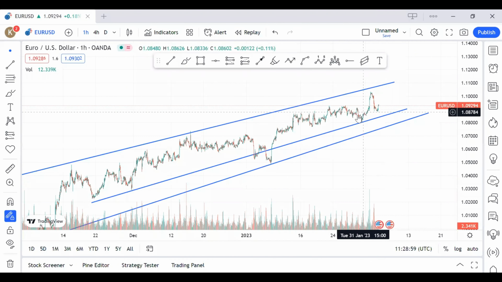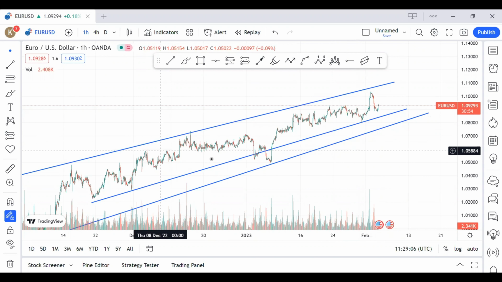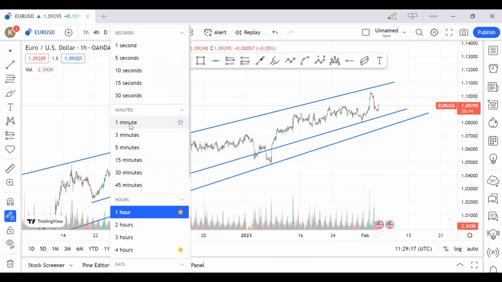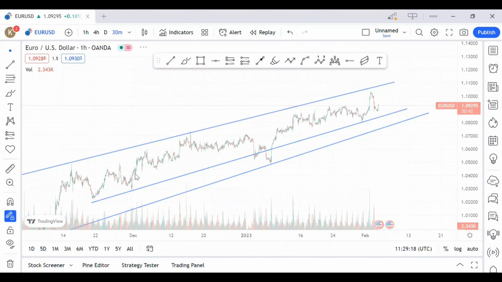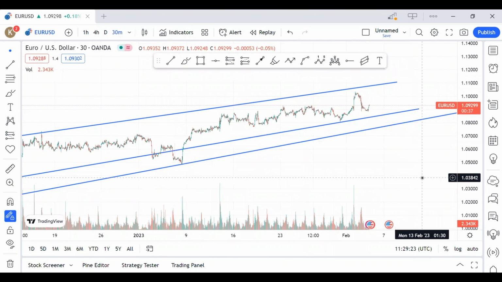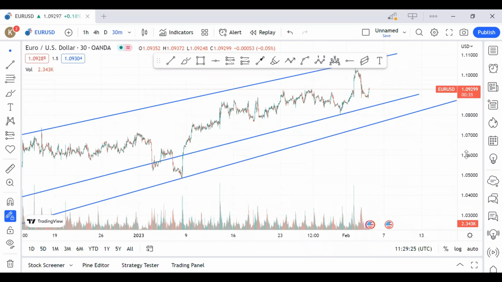Because at this certain level here, I wouldn't be sure to take my trades, but I would have known that this level here is a level where to take trades. This market is good for trades, but for entries, that's where I wouldn't be sure. So I think we can move to a 30 minutes time frame and see clearly what this Euro USD is doing.